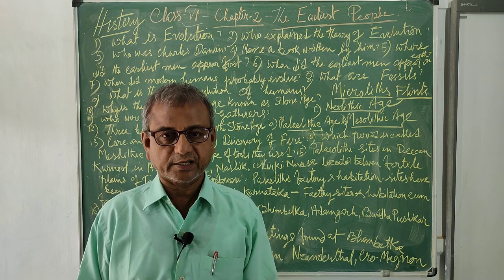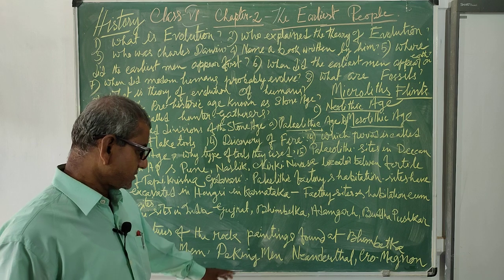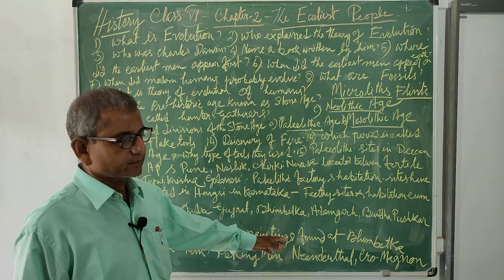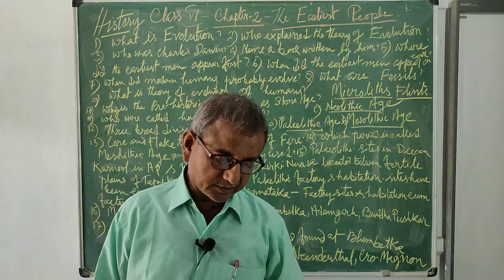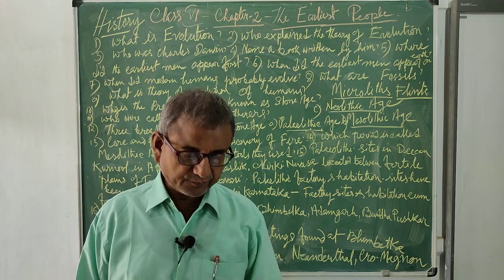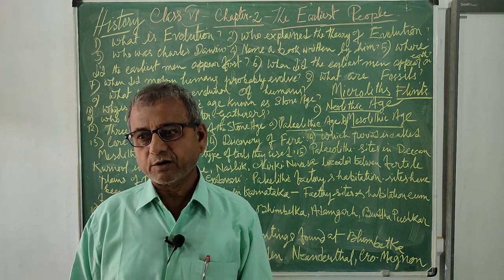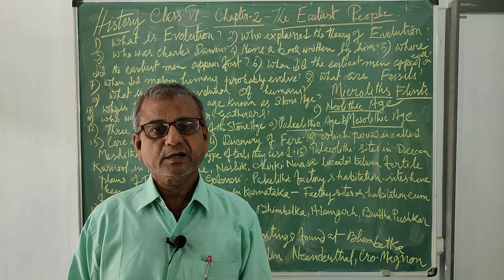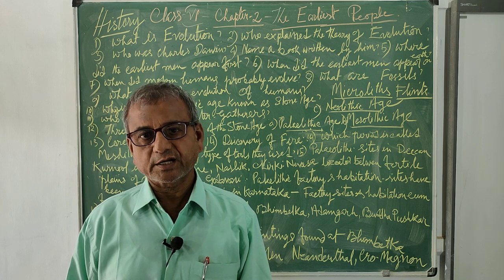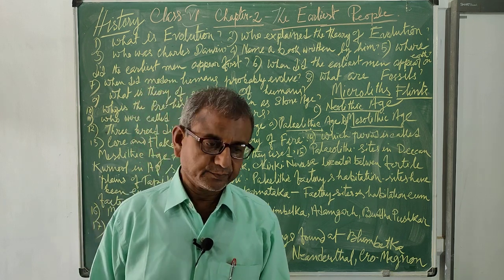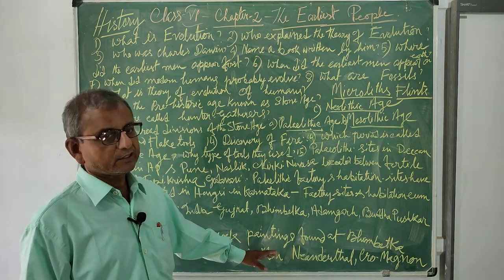We have found different types of paintings, like birds, fish, frogs, scorpions, and many other similar animals painted by early men.